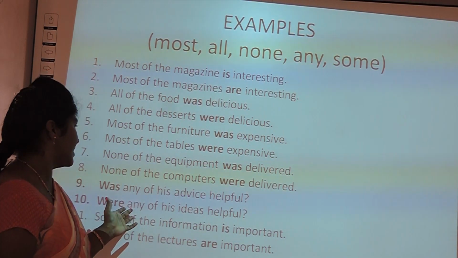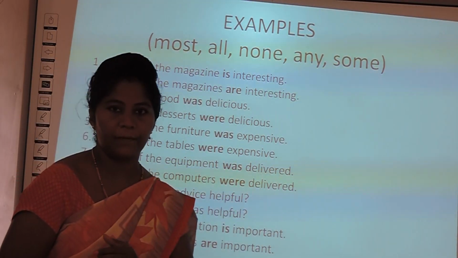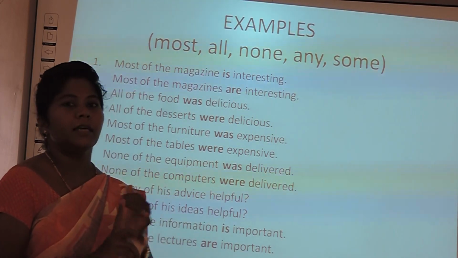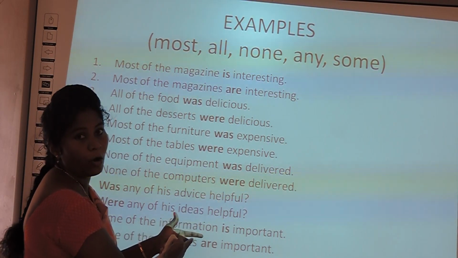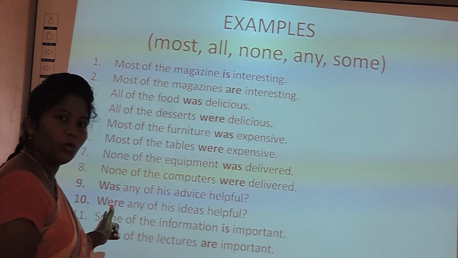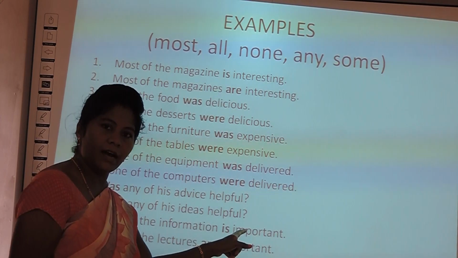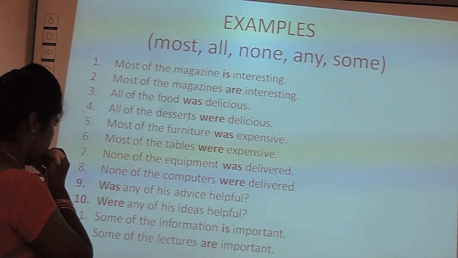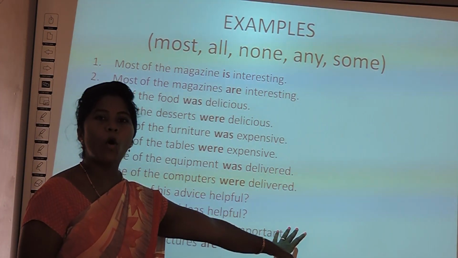Okay. Next, were any of his ideas helpful? Now ideas are countable, and here in the sentence we have it in the plural form, so we are going to use a plural verb. So, were any of his ideas helpful? Next, some of the information is important.